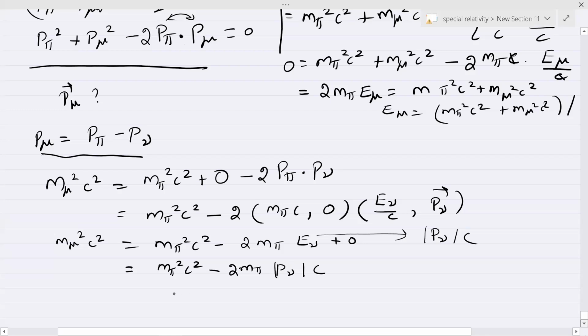We are making use of a fact here: initially it said that the pion is at rest. So finally also you should have p nu and p mu vectors equal and opposite. We should know the fact that p mu vector is equal to minus p nu vector, or p nu vector is equal to minus p mu vector.